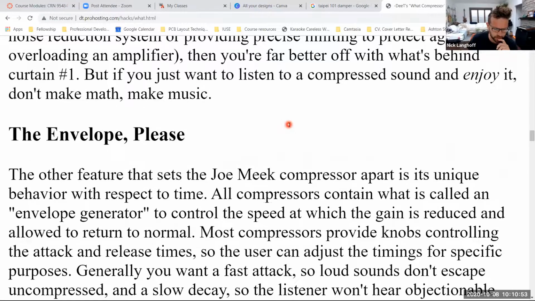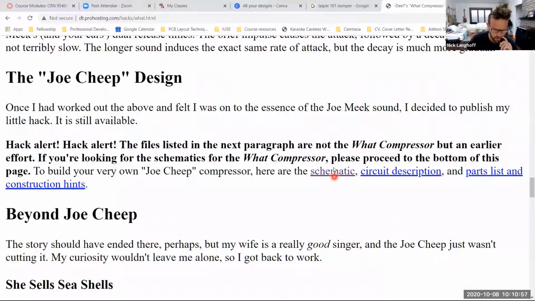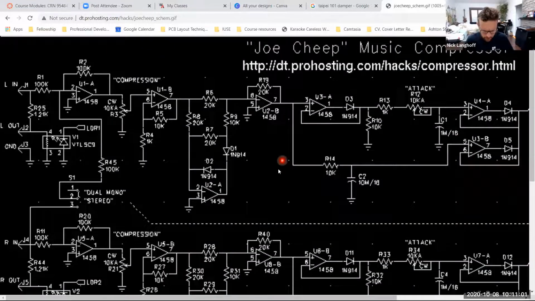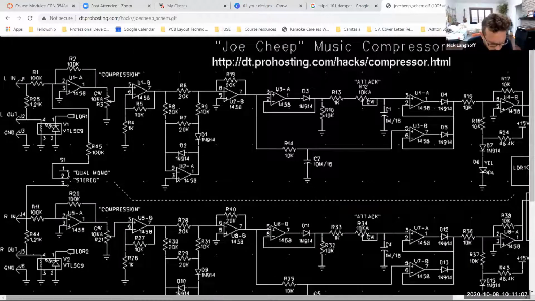I wonder if we could actually see any buffers or voltage followers in the schematic. I kind of forget if there is one, honestly.